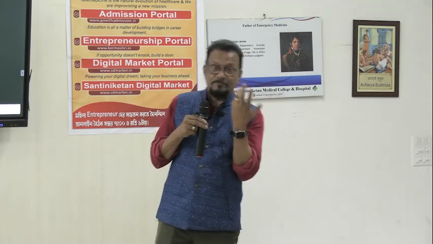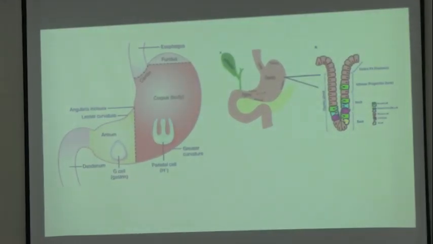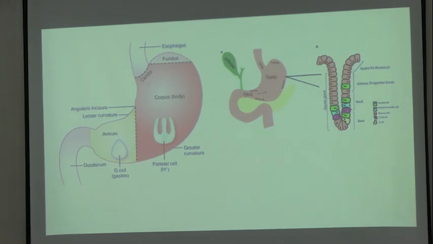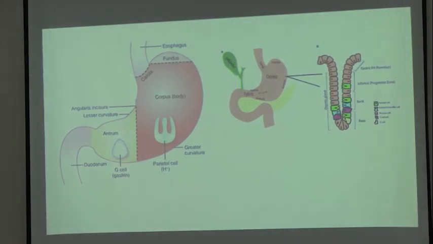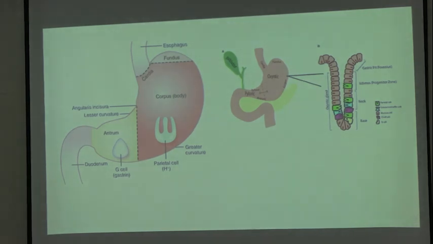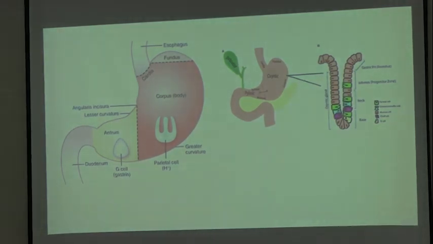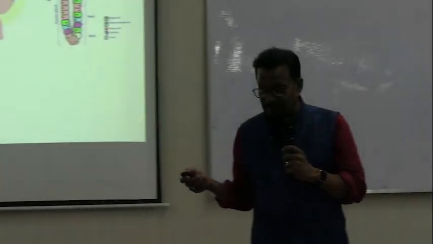Melena. Black color stool actually happens in melena. That means if these cells are damaged, there will be no production of intrinsic factor and hydrochloric acid.